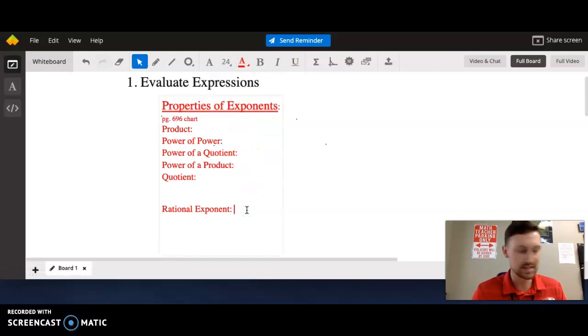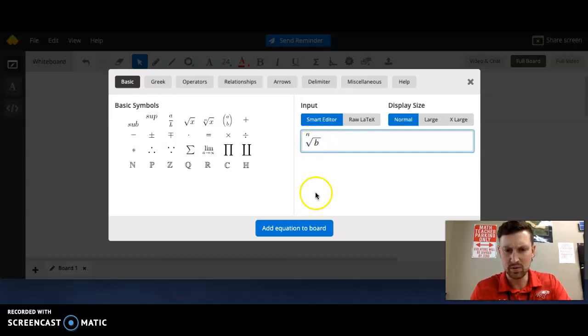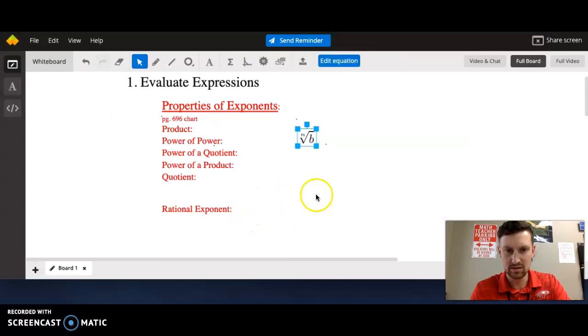All right, and then let's get the second definition here, rational exponent. This rational exponent essentially says we can go back and forth between either radical form or exponential form. So let's say, for instance, we had the nth root of b.